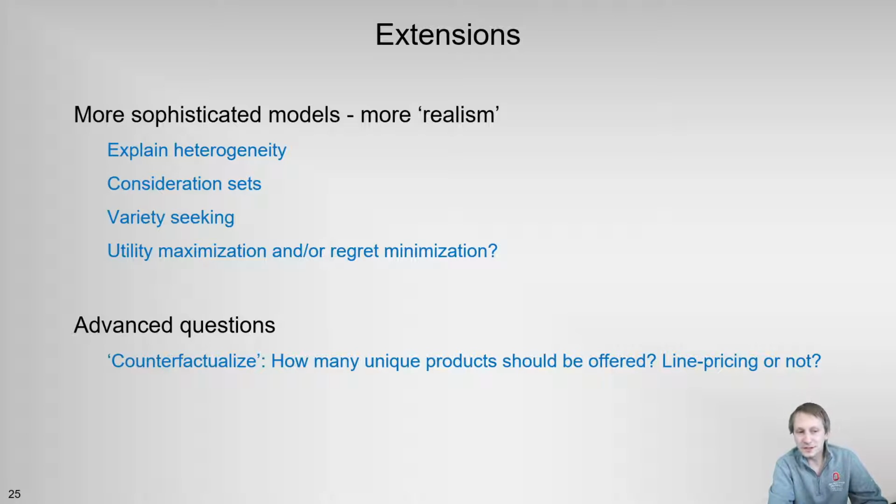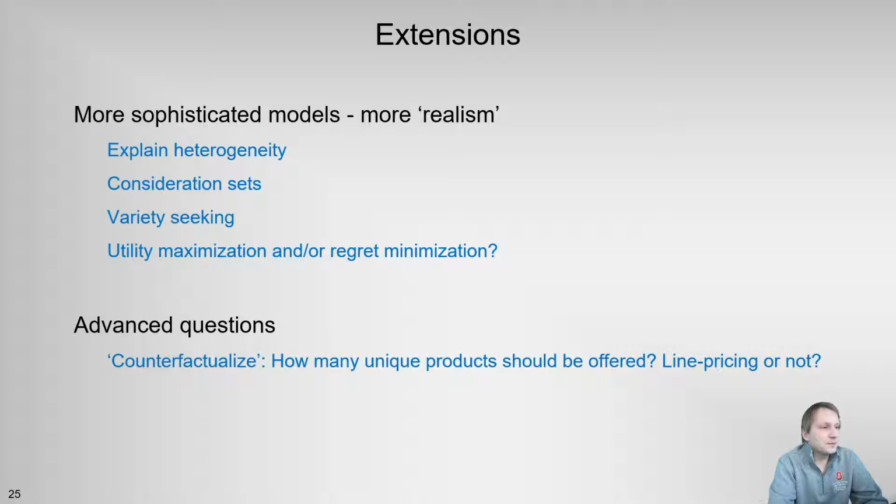Because you're boycotting a manufacturer, for instance, or there's something that you're allergic to, or there are other reasons why you would systematically rule out choosing certain choice alternatives. You could look into variety seeking, so especially in chocolate bars, right? What is the tendency to buy different flavors in the same shopping trip? You can go beyond just maximizing utility and look at minimizing regret.